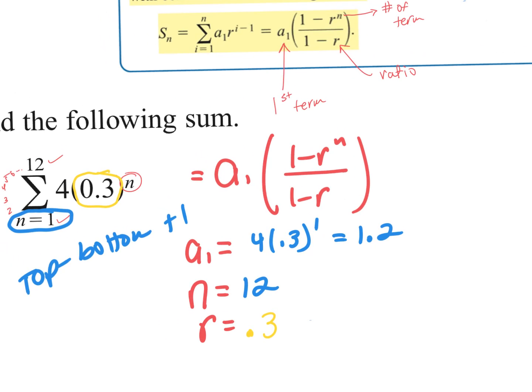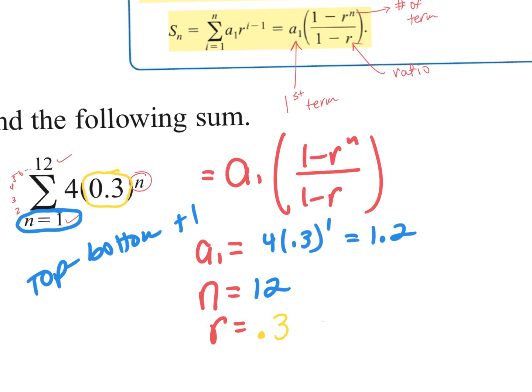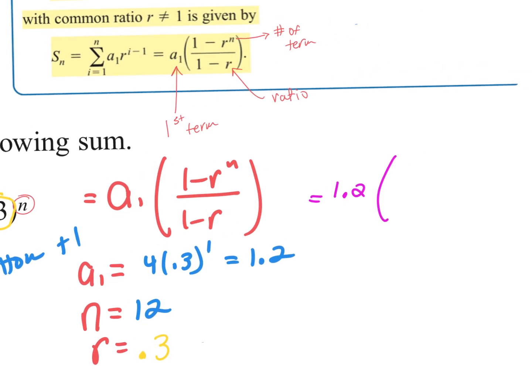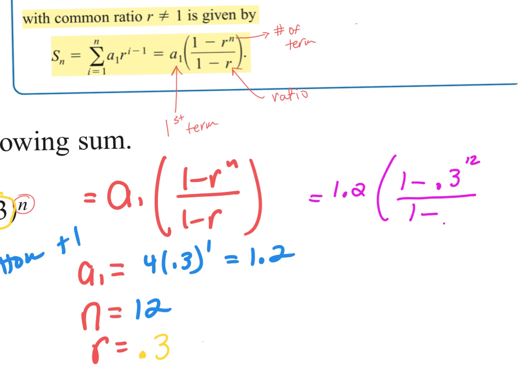Your first term, you just told me, was 1.2. Now I'm going to plug this in the formula. It's 1 minus your common ratio of 0.3 to the n power, to the number of terms. How many terms do we have? 12, over 1 minus 0.3.